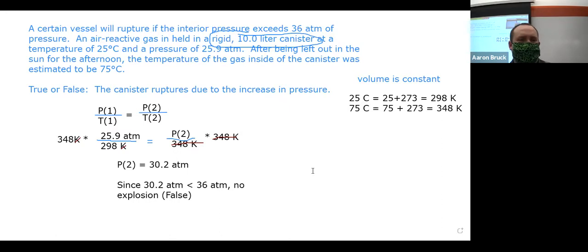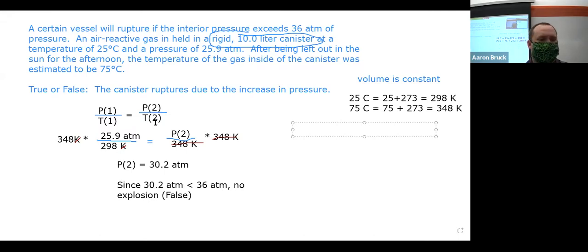The secondary approach would be, and I saw some of you looked like you were trying to do this, what do I do with that 36? Well, I could use 36 in this place as well. It would look very, very similar. The only thing is I couldn't use T2. I'd have to use the 36 atmospheres to figure out at what temperature the rupture would occur.